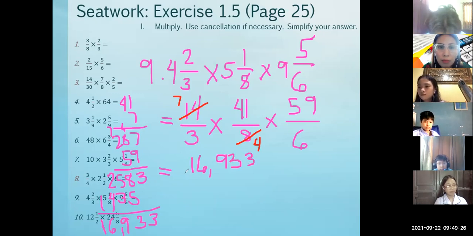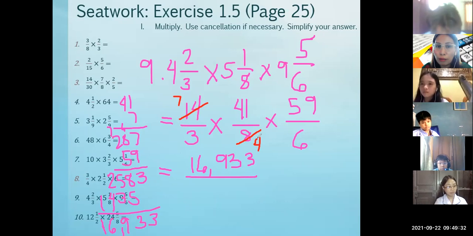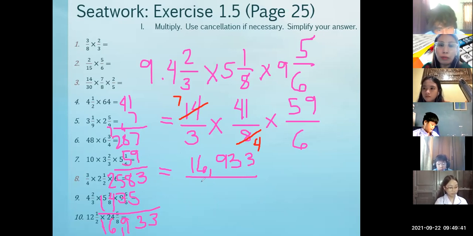16,933 times natin by 3 times 4, 12 times 6. So, 12 times 6 is 72. Now, divide natin.